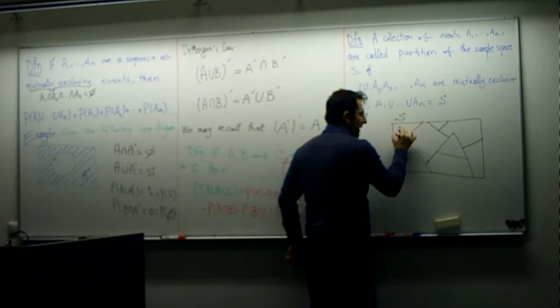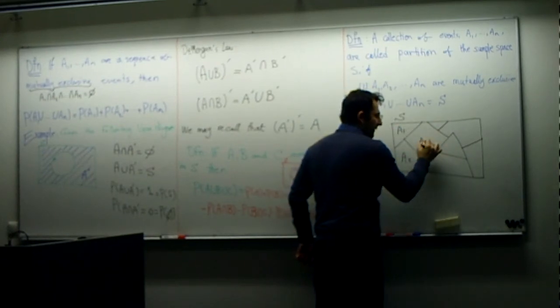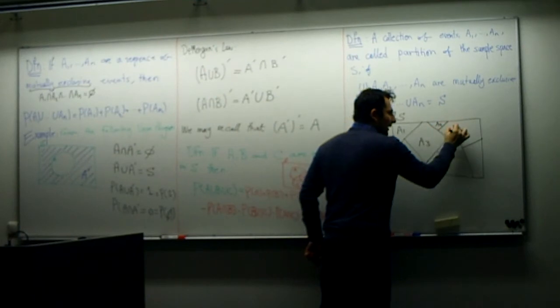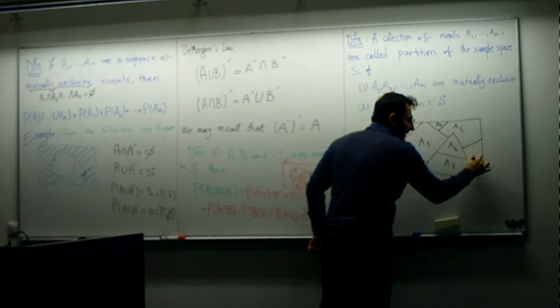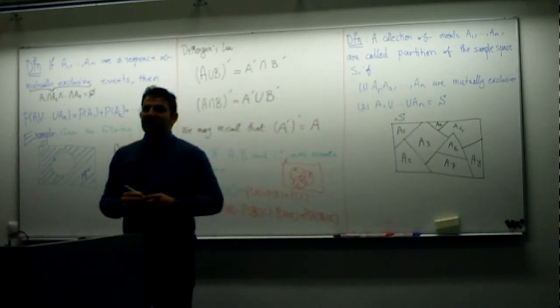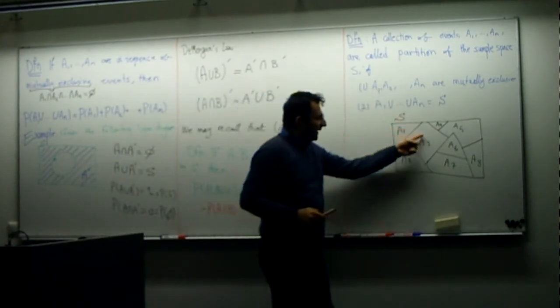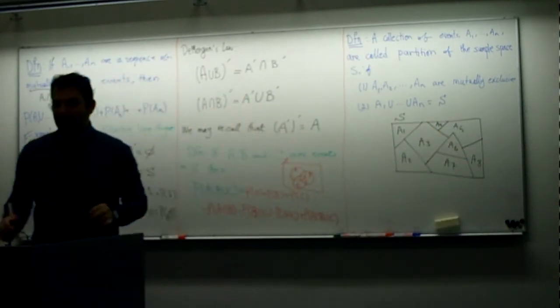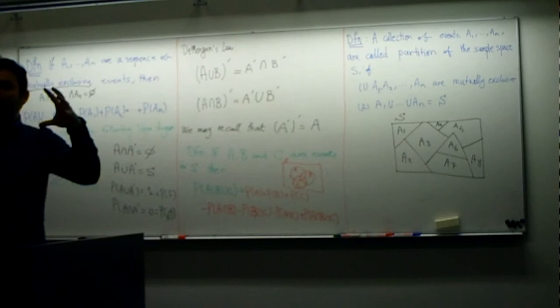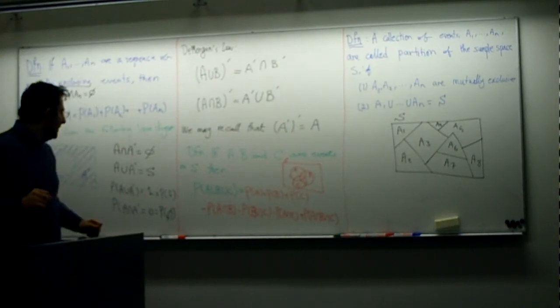Let's say A1, A2, A3, A4, here we have 8 partitions. There is nothing common between these events. They are mutually exclusive. And when I put all the events together, I will get all of S.